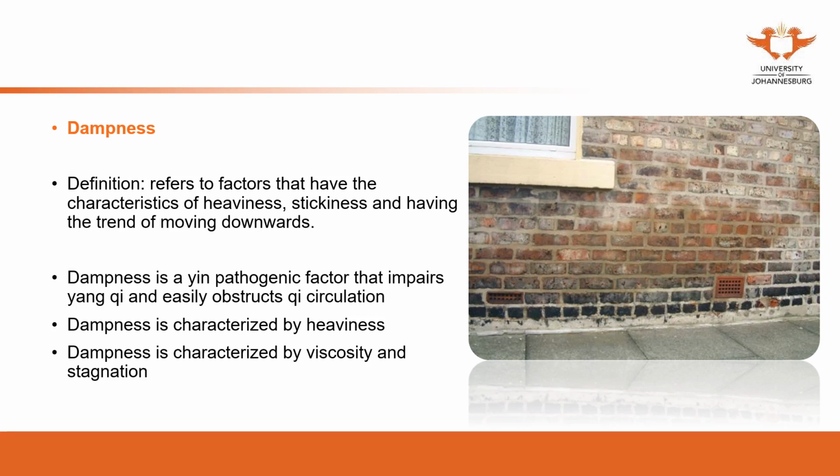As you can see from the picture on the right side, dampness actually refers to humidity. The humid or moist area on the bricks indicates the dampness there. But you see here, it's actually in a corner or at the bottom of a house.